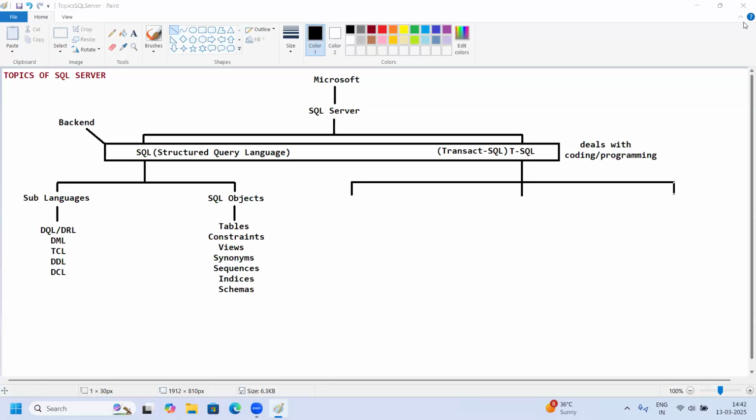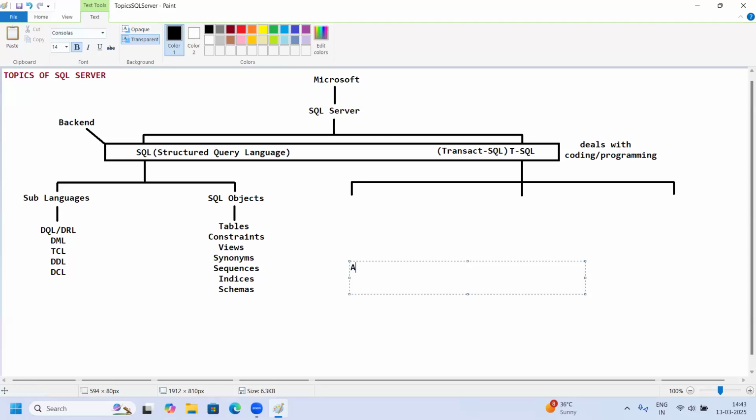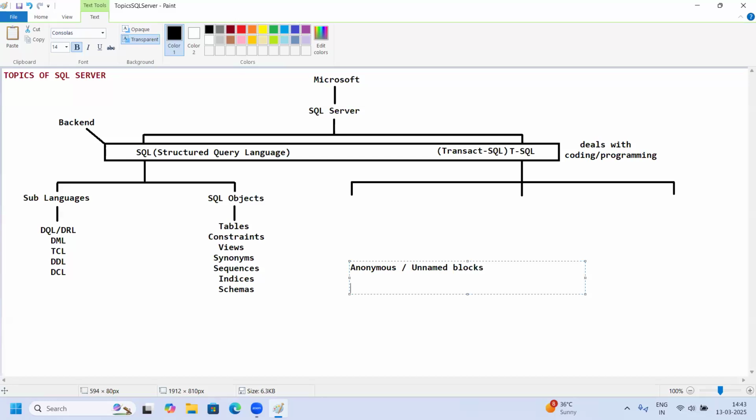Three are there. One is called anonymous or unnamed blocks. Second, stored or named blocks.